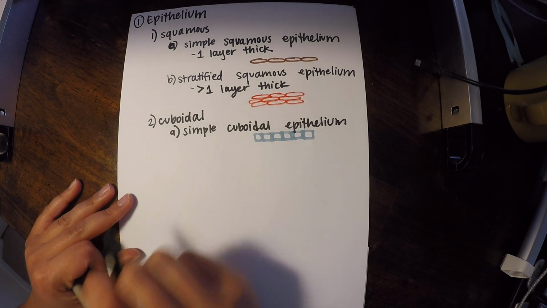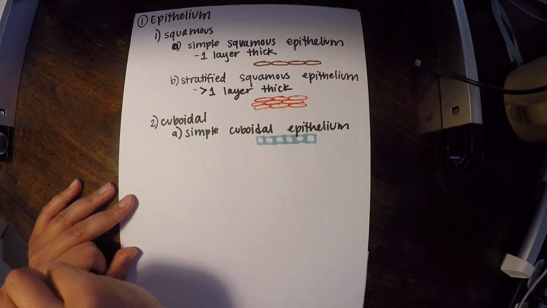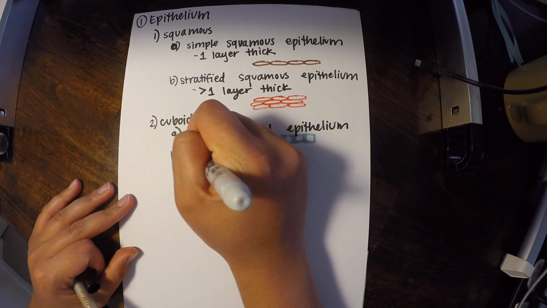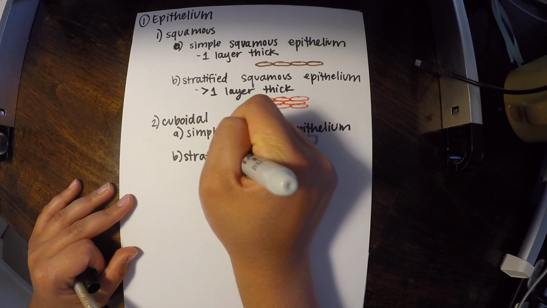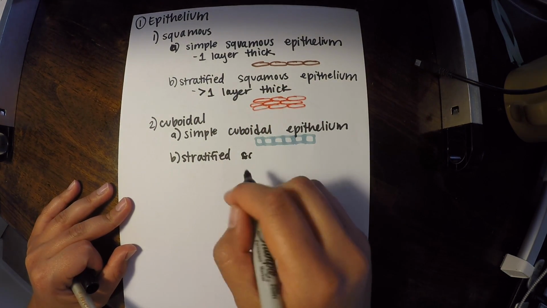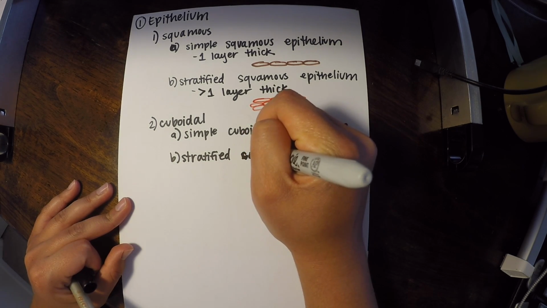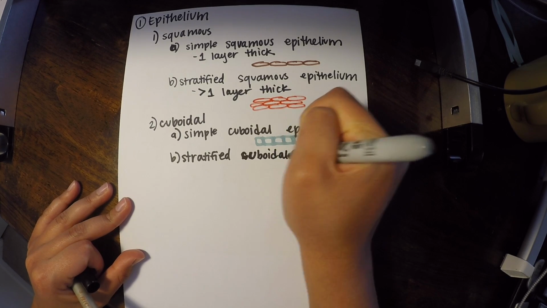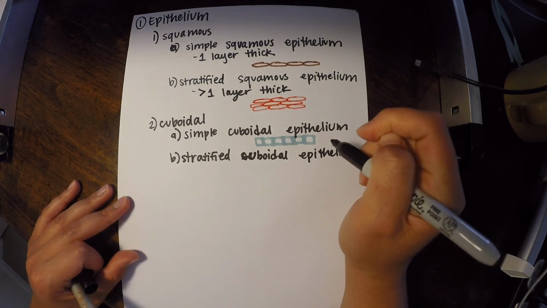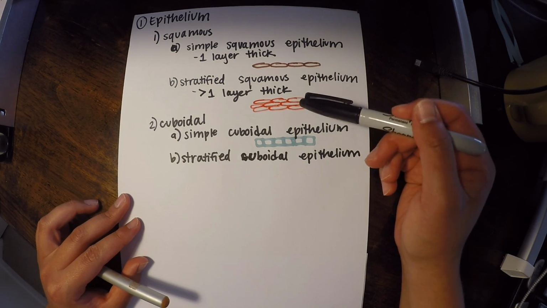Now, what do you think this second type is going to be called? It's going to be similar to this one, so it's going to be stratified. Oops, stratified. I almost wrote squamous again. Stratified cuboidal epithelium. It's going to be similar to the relationship between these two.